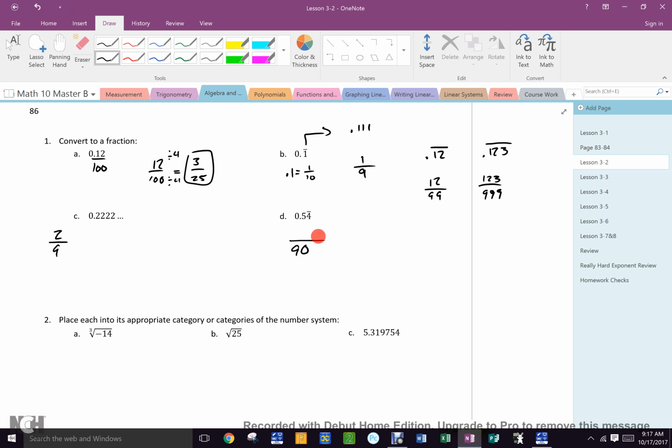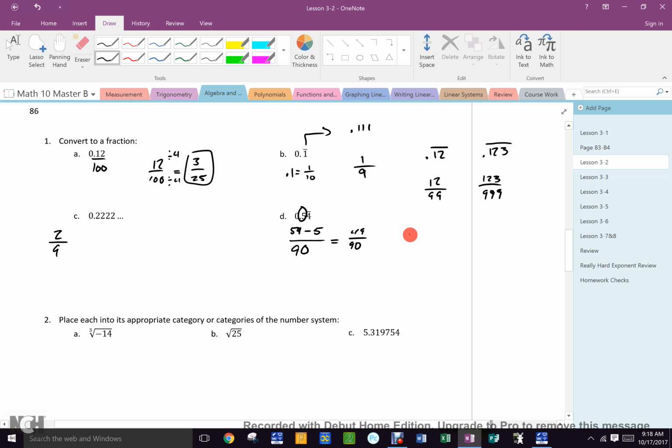Yeah. So the 54 is what I have, but the 5 doesn't count, right? So what we do there is we write what we have minus what we don't care about. So we get 49 over 90. And if you do that, you will get 0.544444. Everybody cool?